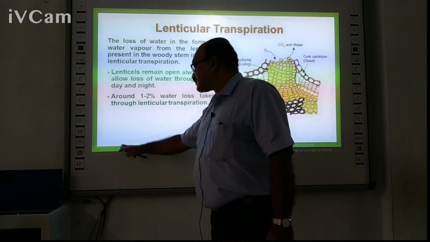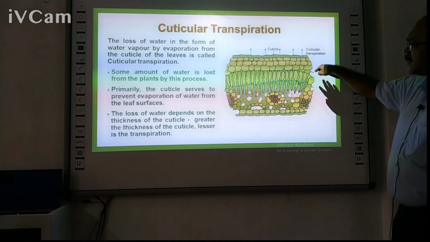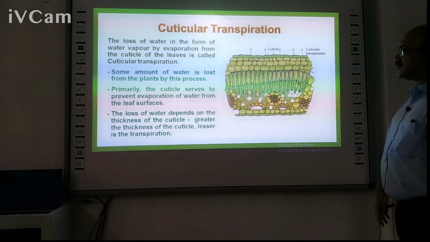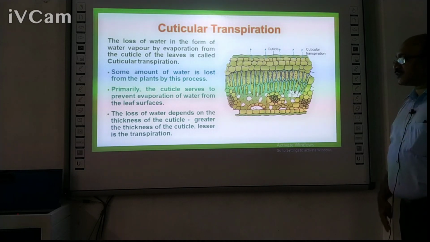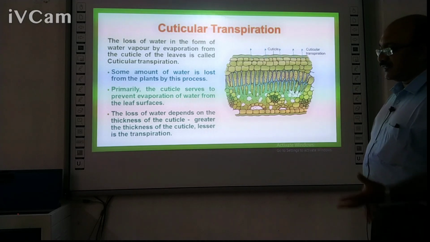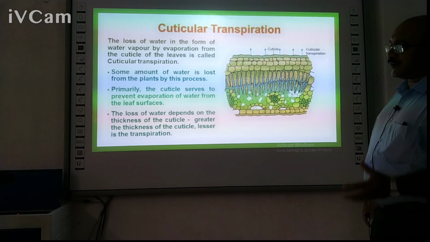Next, we have cuticular transpiration. As we said, cuticles are present on the surface of the leaves to prevent the loss of water, because this waxy layer prevents water loss. The leaves generally are exposed to the sunlight to get maximum sunlight.